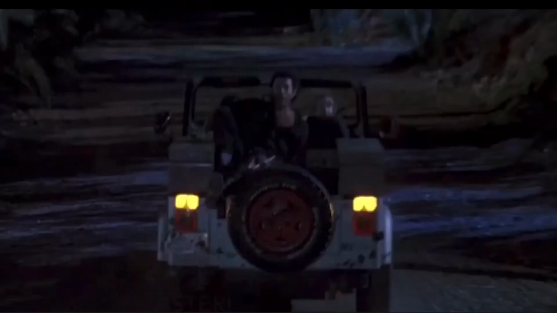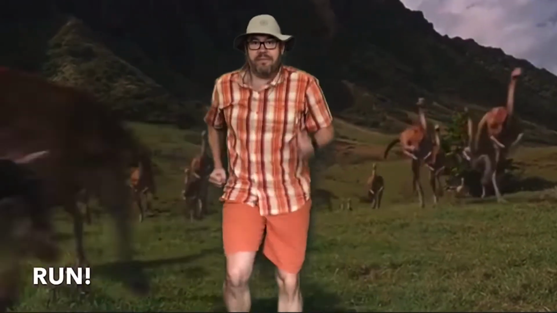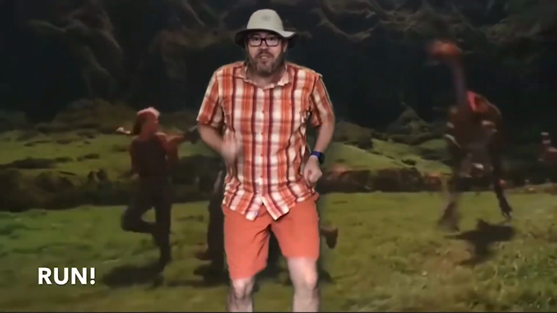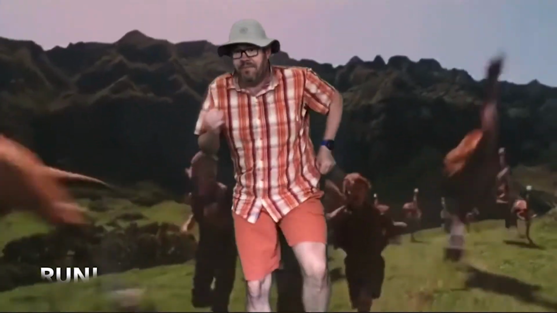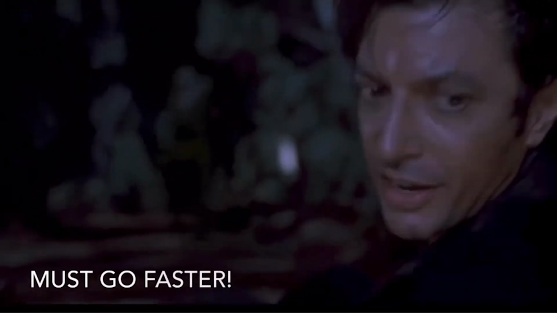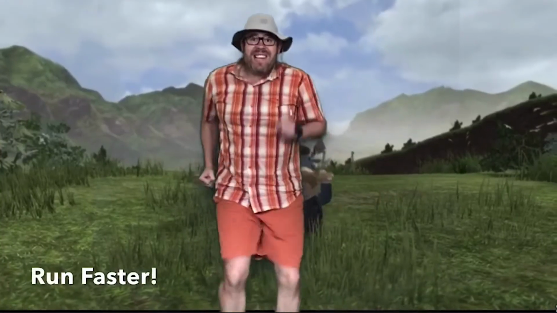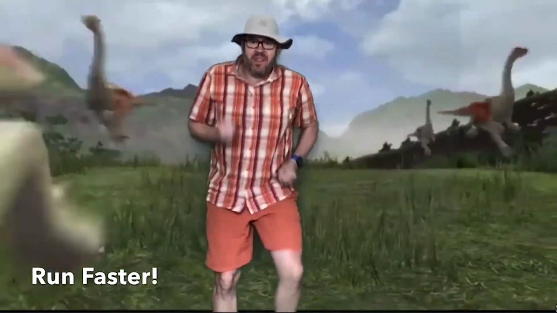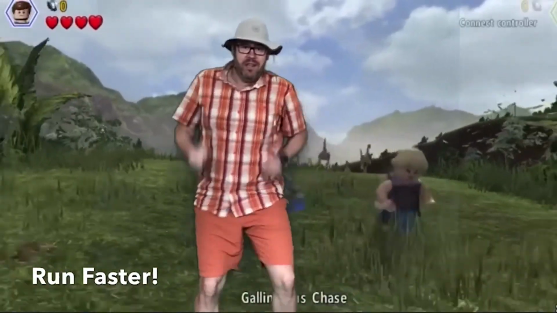"Must go faster." Let's run! Look out for those dinosaurs. "Must go faster." This way. Go faster! Whoa, that was a close one.